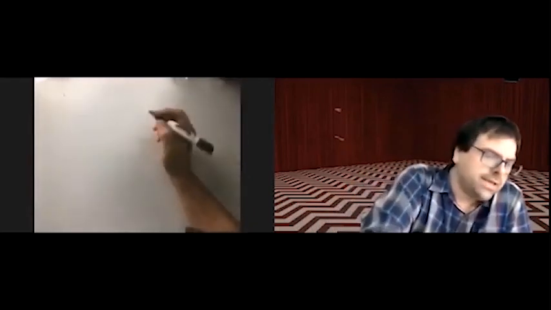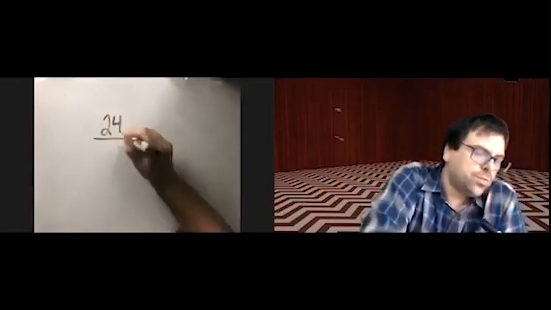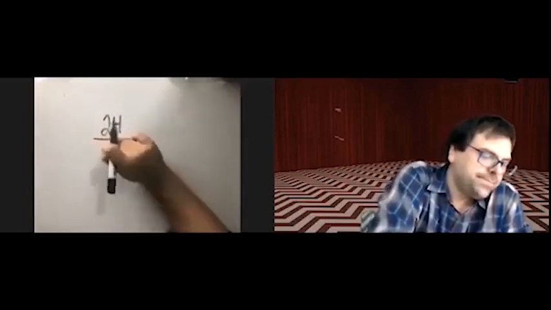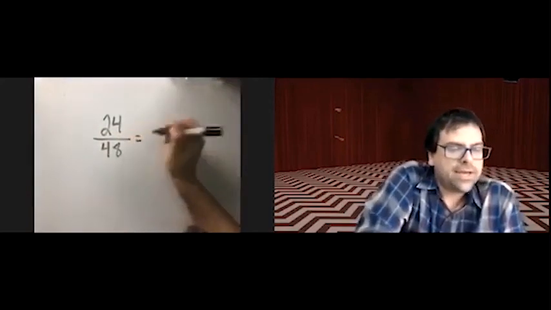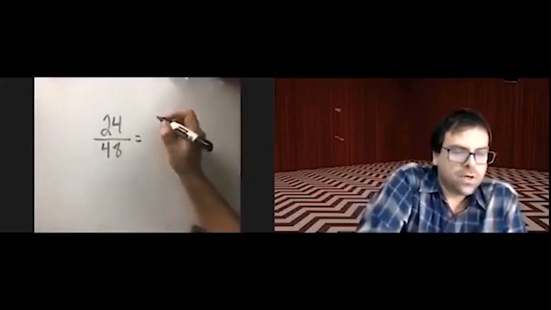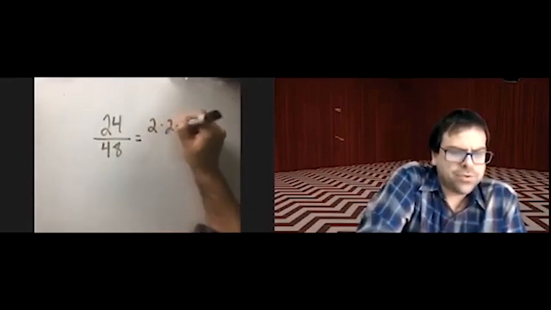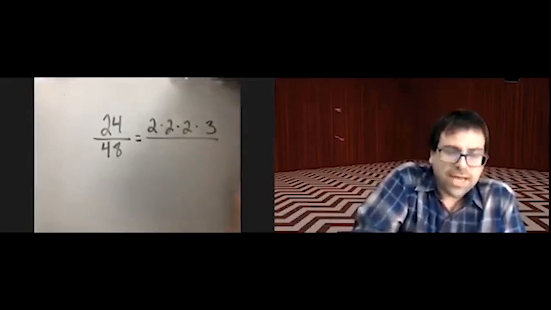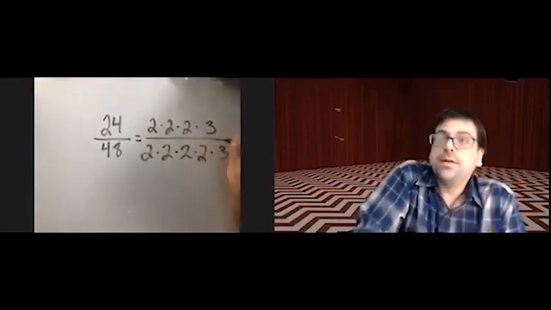To remind you, if we had something like 24 over, let's keep it easy, 48, I said that you can do prime factorizations. 24 would be 2 times 2 times 2 times 3. 48 would be 2 times 2 times 2 times 2 times 3.